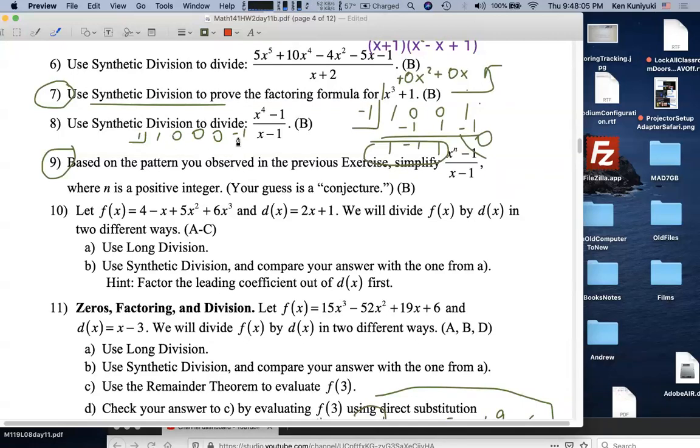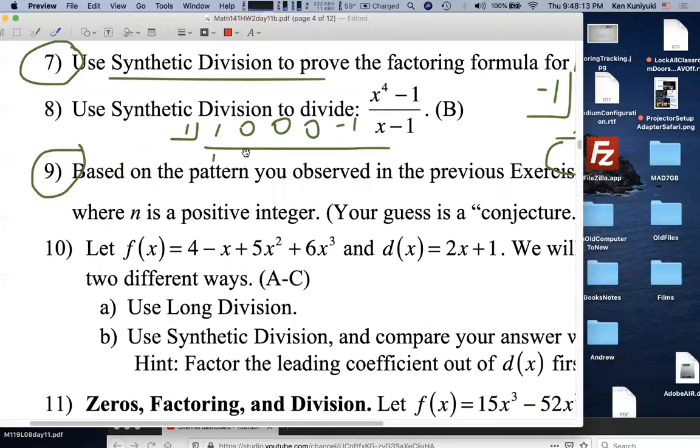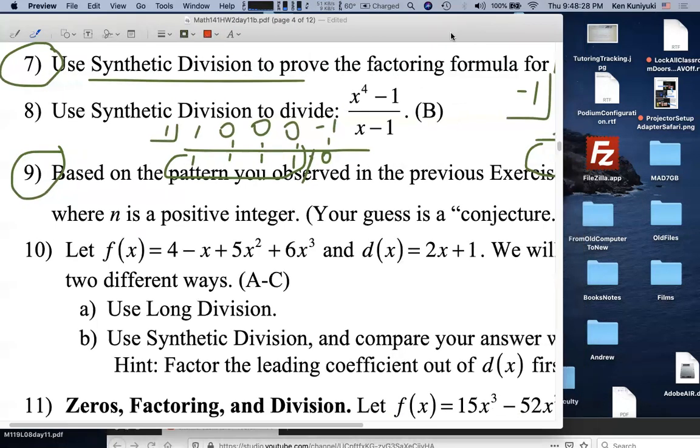In your work, you don't have to write out the x stuff, but you need these zeros. Bring down the 1, multiply, add, multiply, add, multiply, add, multiply, add. Beautiful. 4 ones.